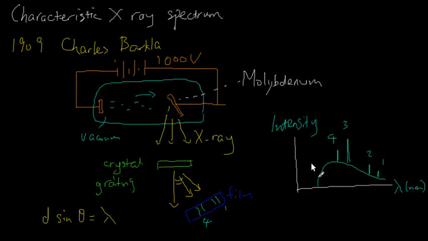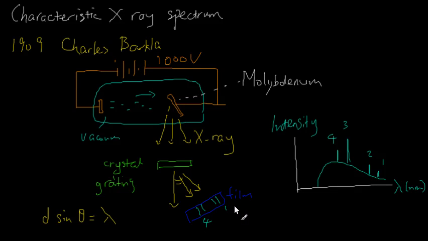So in this sense, what Barkla found was that when X-ray is emitted from a metal, he would have seen a line spectrum just like for the hydrogen atom.